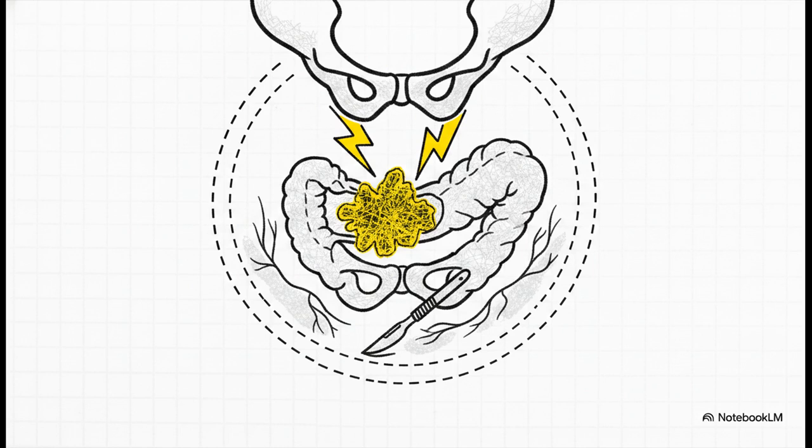You need preoperative neoadjuvant radiotherapy to shrink the tumor, followed by a total mesorectal excision, or TME. This surgery requires incredibly sharp, bloodless dissection within what surgeons call the holy plane. You remove the rectum entirely wrapped in its mesorectal fascial envelope. Doing this protects those crucial pelvic nerves and prevents local recurrence down the line.